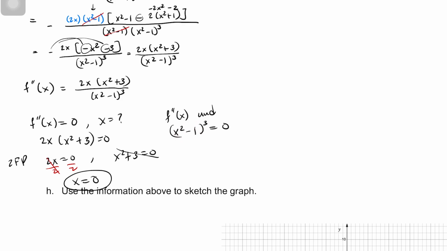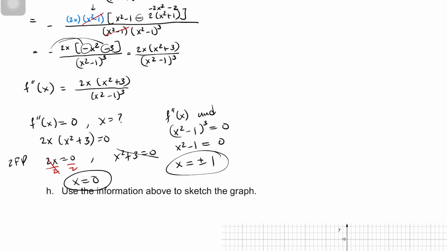Also, you can just take the cube root on both sides, and the cube root will cancel with the power. We've already done this a few times in this example. So this is going to happen whenever x equals plus or minus 1.